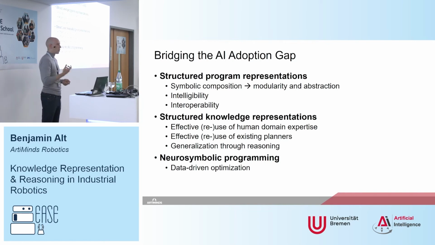Use structured knowledge representations that allow us to take the benefits of existing knowledge about domains such as surface treatment, and neurosymbolic programming as a way to bridge the world of reasoning with the world of subsymbolic data and experience.